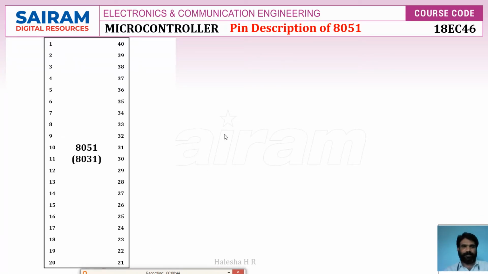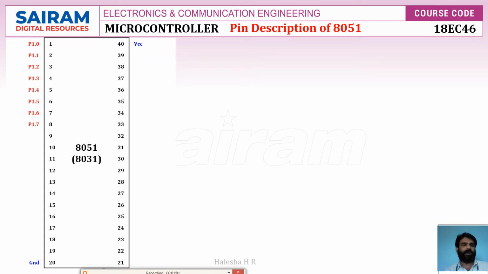First, pin number 40 is VCC and pin number 20 is ground. VCC means it requires a plus 5 volt supply, and ground means here we are connecting to the negative voltage or ground pin.